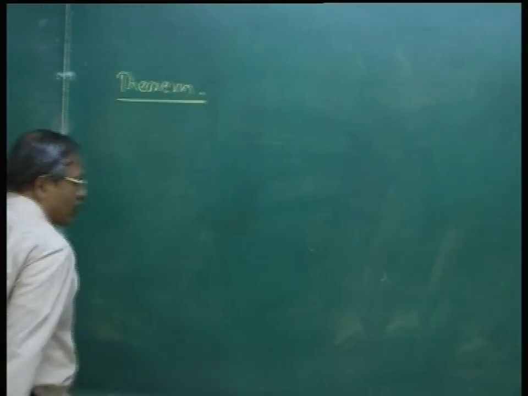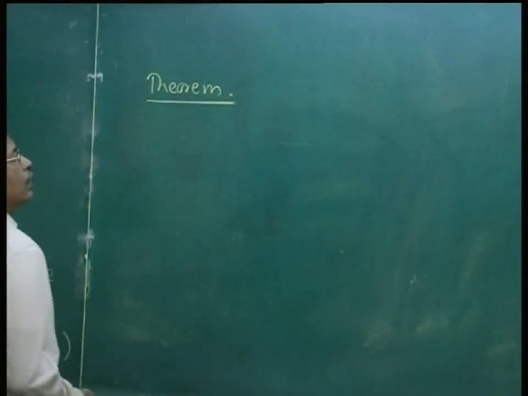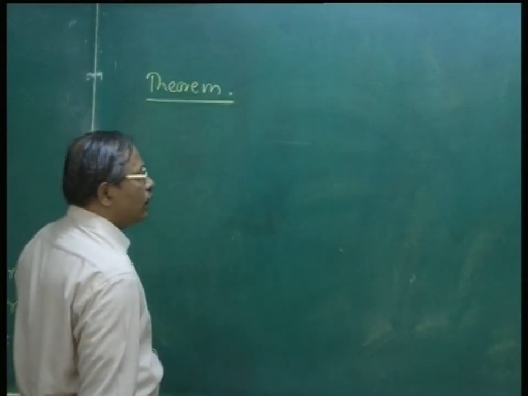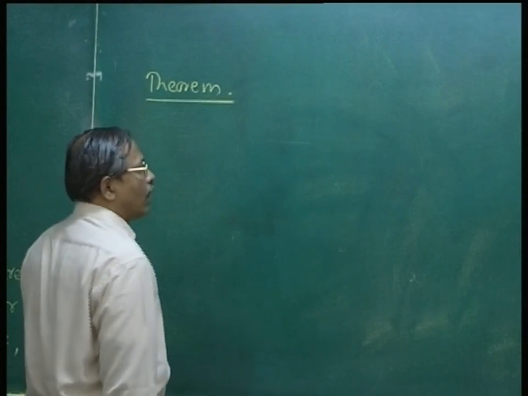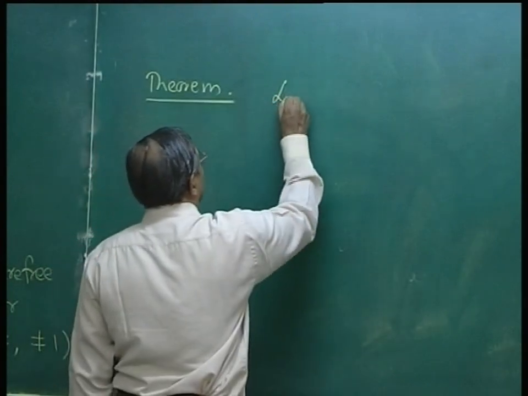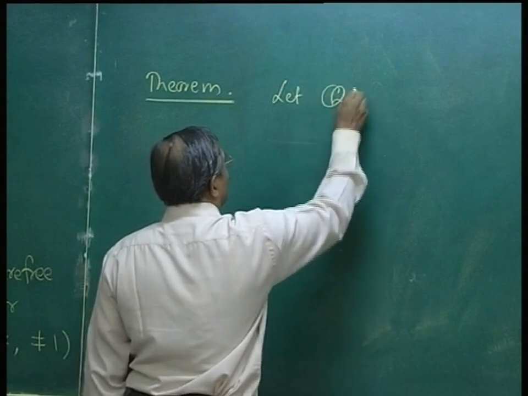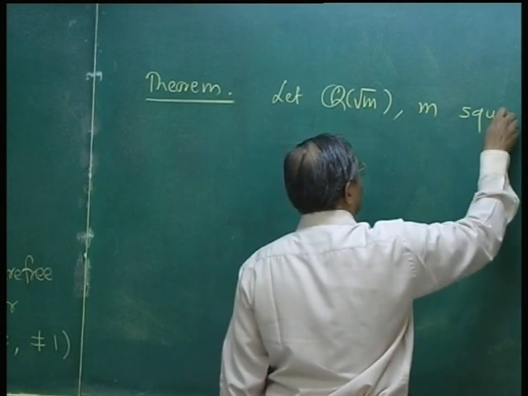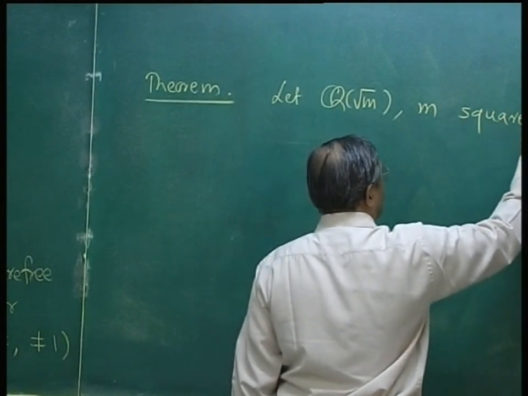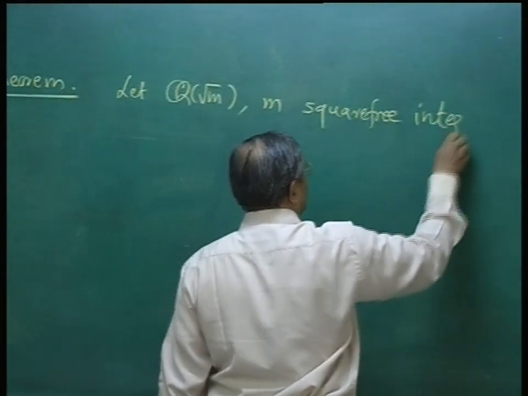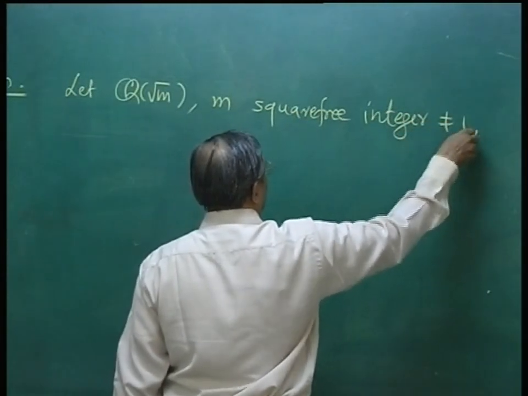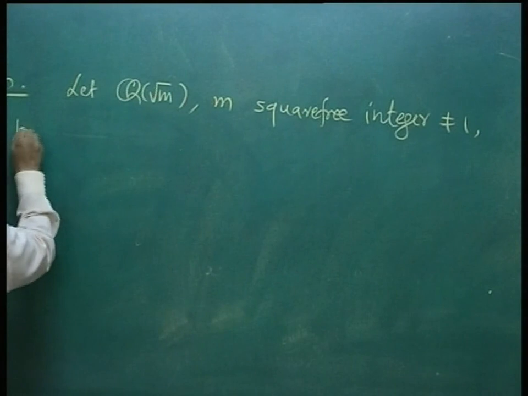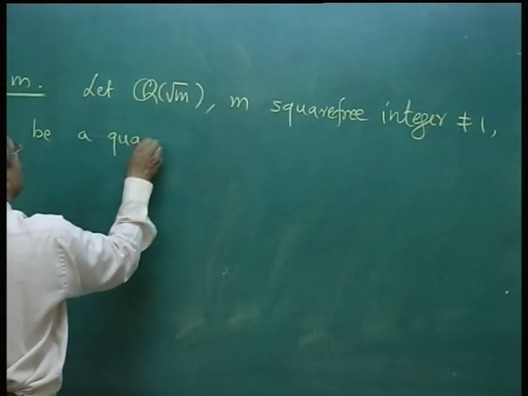So we have the following theorem. Let Q(√m), m a square free integer not equal to 1, be a quadratic field.